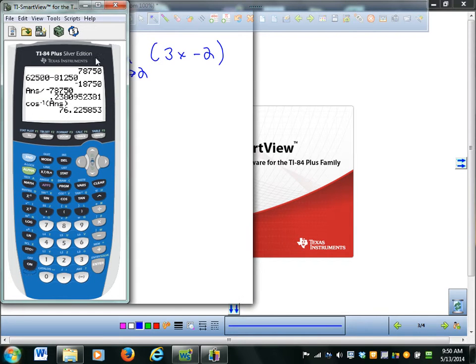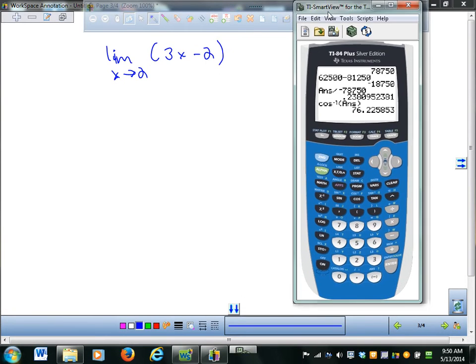Say I plug in the function y equals 3x minus 2. I want to be in function mode, right?